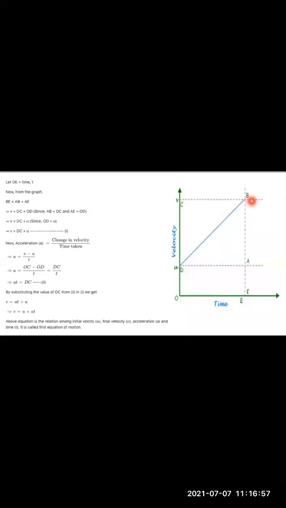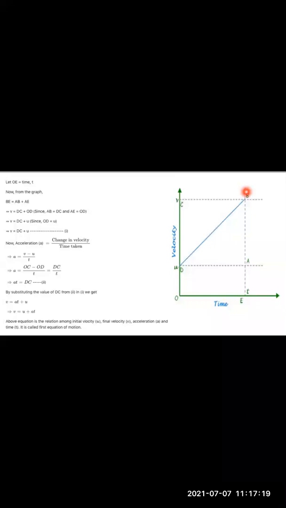BE is nothing but BA plus AE. So here we say BE equals AB or BA plus AE. Now what is BE? BE is nothing but here a definite time interval that we saw.